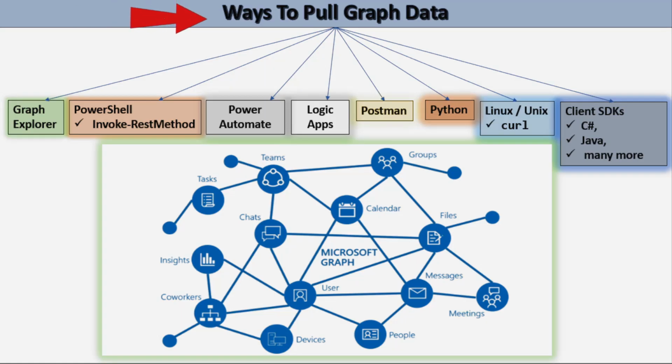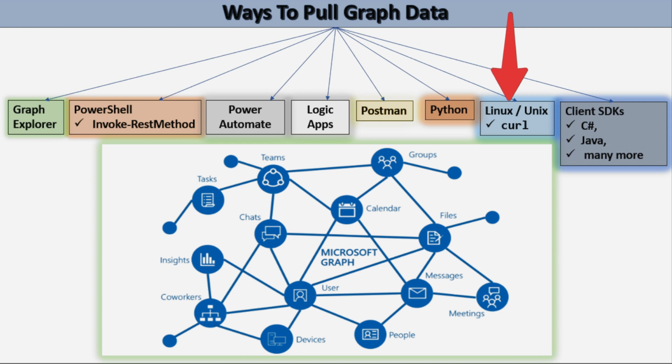Now let's quickly see how many ways we can pull the graph data. So there are many ways we can use to fetch the graph data, such as we can use Graph Explorer, we can use PowerShell Invoke-RestMethod, Power Automate and Logic Apps to pull the graph data. We can also use Postman and Python to access the graph data.